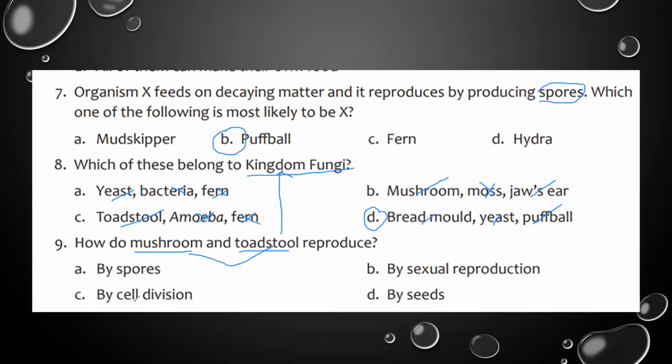C, by cell division. B, by sexual reproduction. D, by seeds. So how do they reproduce? They reproduce by spores. So your answer is letter A. Answer in your book. Okay, so let's erase again.